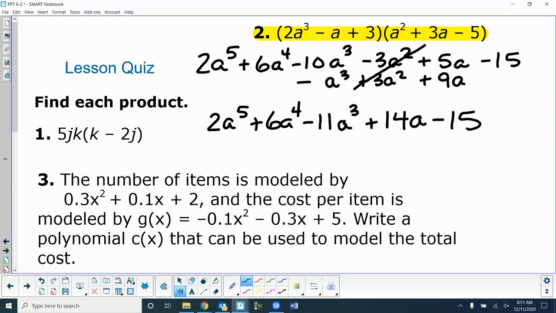36, are they equivalent? Are they the same? You were supposed to just FOIL out and see if they were equal. Yes or no? Yes, they were. 39, we skipped. 42, I'll just read it off to you. This one's all messed up because there's no real order here.